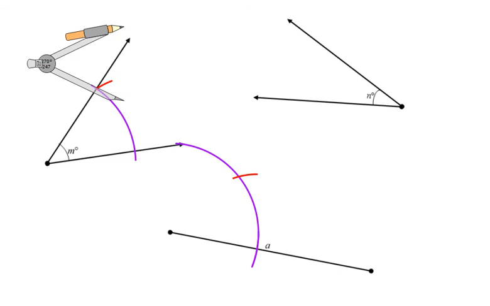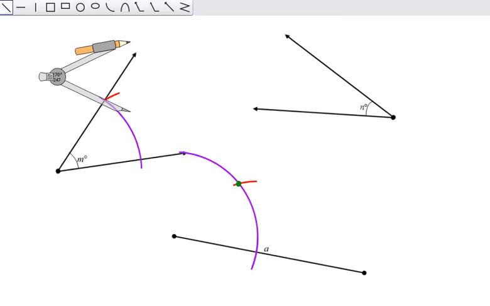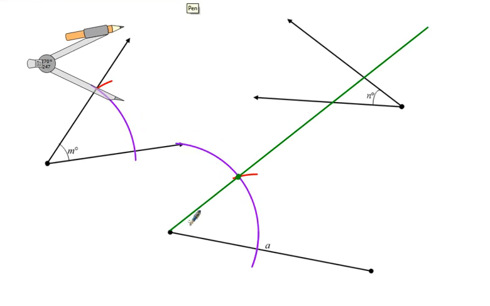The whole point of doing that is that when I connect through this point, I should have an angle that matches M degrees. So I'll use my straight line tool to make that. Again, if I've done that correctly, then this angle here should have measure M.